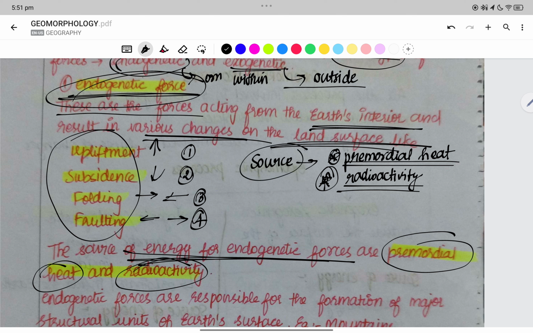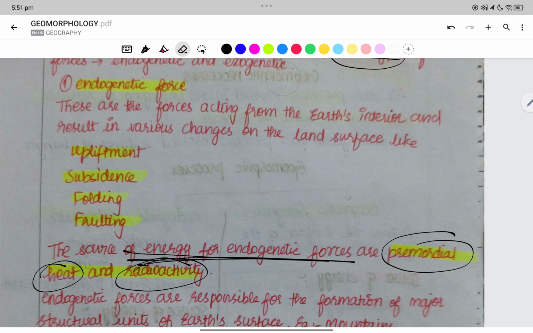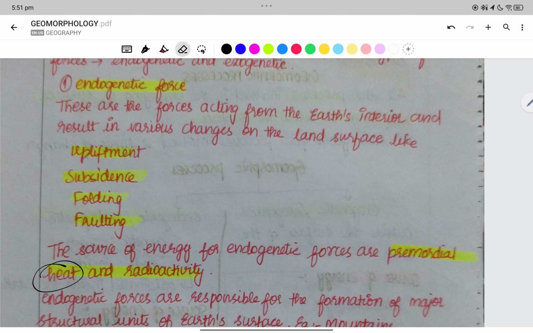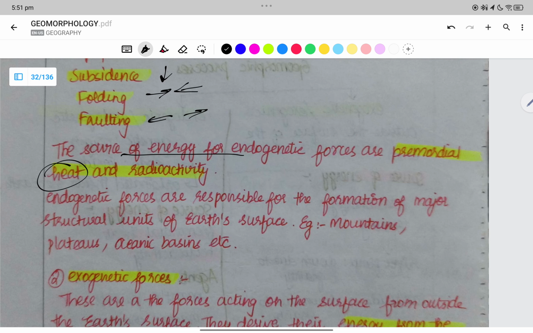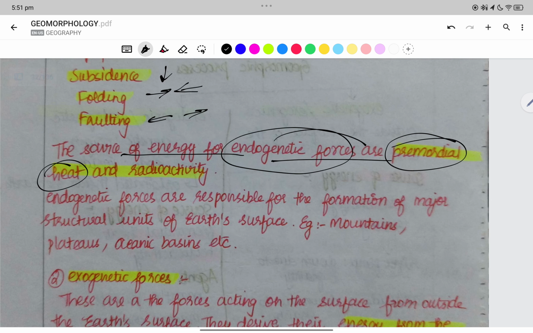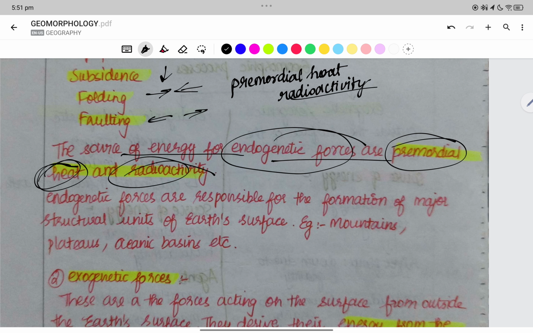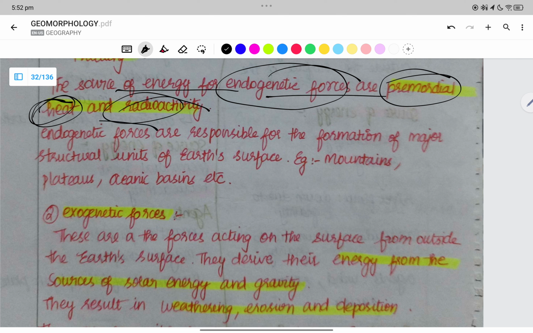So there are two types of sources, primordial heat and radioactivity, whereas these forces result in various changes like upliftment, subsidence, folding and faulting. The source of energy for the endogenetic forces are primordial heat and radioactivity.